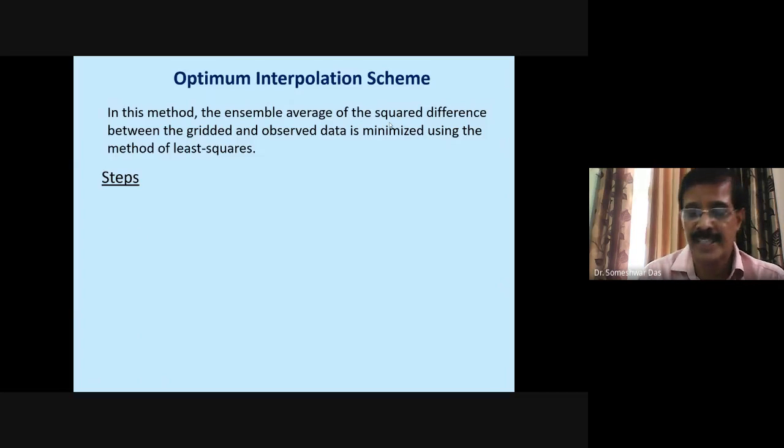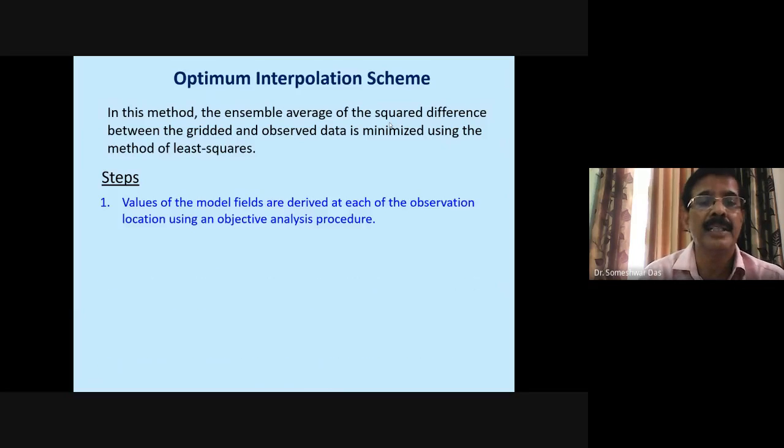Now, what are the steps? The steps are similar to what we taught yesterday. In step 1, values of the model fields are derived at each of the observation locations using an objective analysis procedure, that is, you are interpolating, using one of the objective analysis procedures which we discussed yesterday, for example Cressman's scheme.